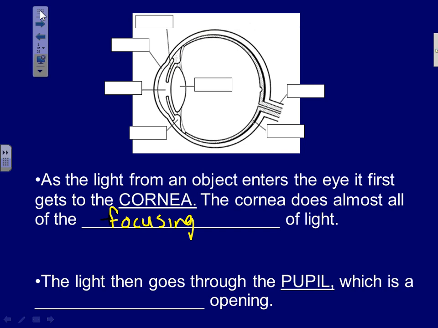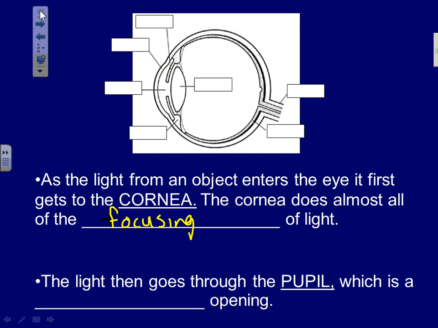You could do it if you poked yourself in the eye. That would be an odd little experiment. I don't recommend it. But if you closed one eye and then you pushed on the side of your eye, you'd notice everything goes, right? It kind of looks funny because you're changing the lens. You're squishing it, okay? So the cornea, the front of the eye, does most of the focusing.